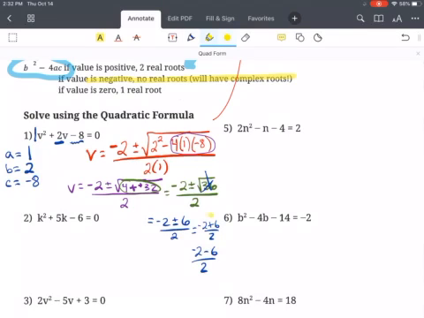Our first one, negative 2 plus 6, is 4 divided by 2, which is 2. Our second one is negative 8 divided by 2, which is negative 4. So for number 1, v is going to equal 2 and negative 4.